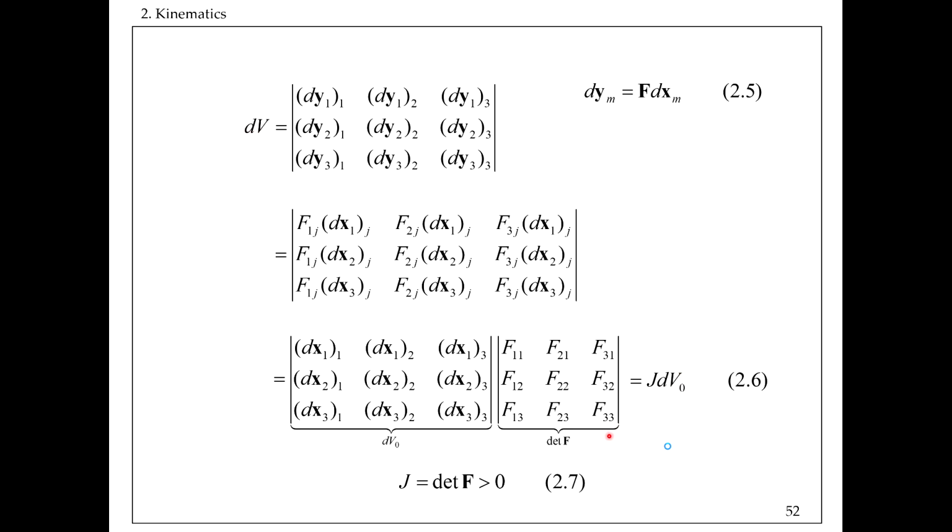So it's an interesting property of the deformation gradient that its determinant shows us how much the volume changes. Obviously, based on physical grounds, the determinant f needs to be a positive value, so we are not allowing the volume to disappear.